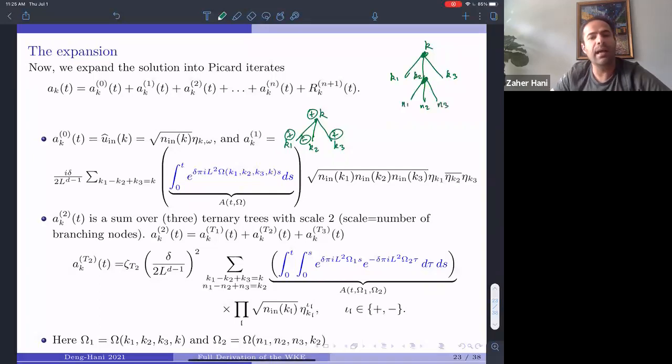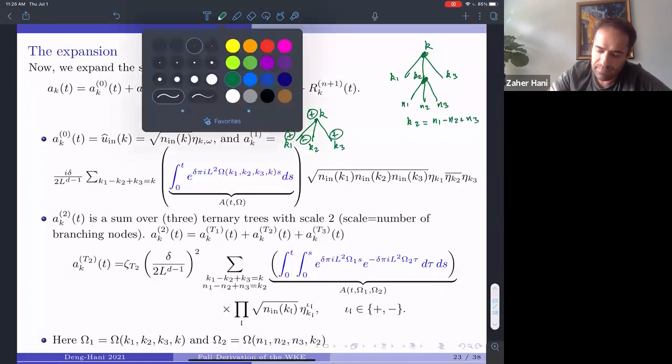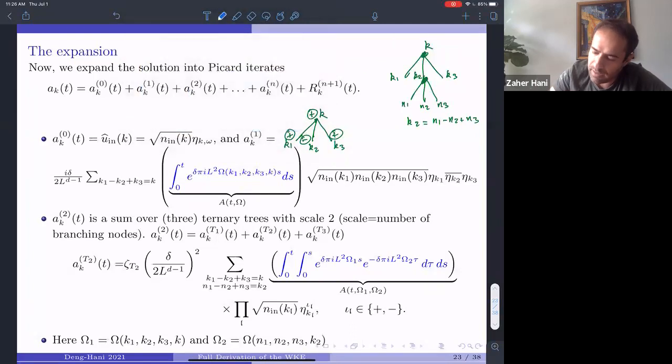And just as at any branching node, for example, at the second branching node, we always have that it is n1 minus n2 plus n3. Okay, and always as well, every node has a sign. So this has plus sign, this plus, minus, plus. That's how we give a signature for the tree.